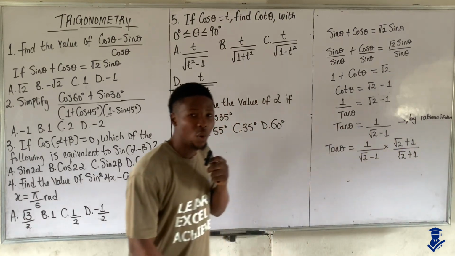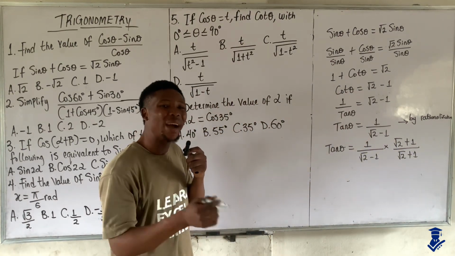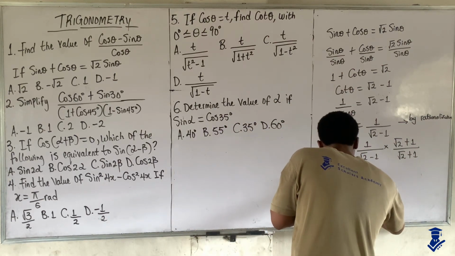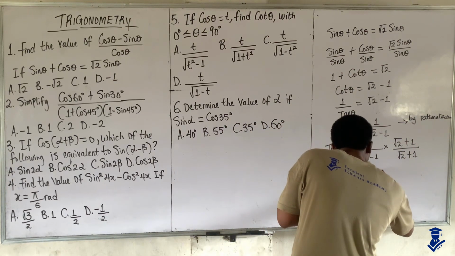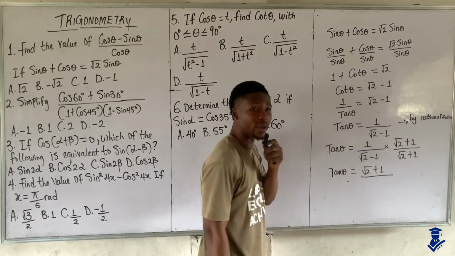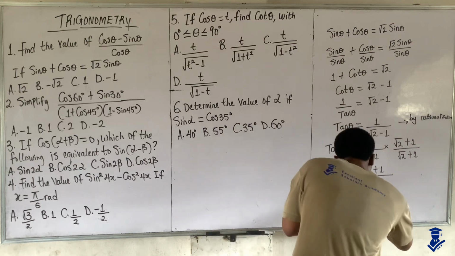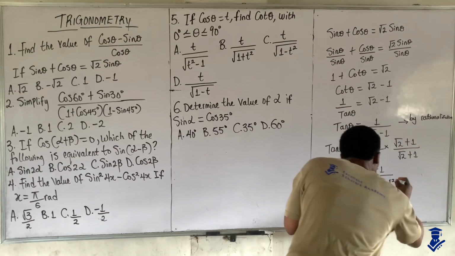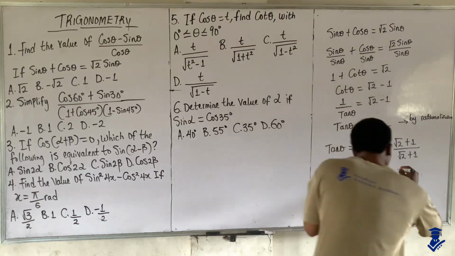So we're multiplying the numerator and denominator by the conjugate of the denominator. So 1 times this gives us root 2 plus 1 over, of course, these are difference of two squares, so we're going to have root 2 squared minus 1 squared.